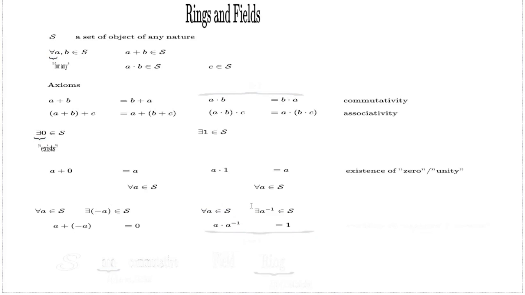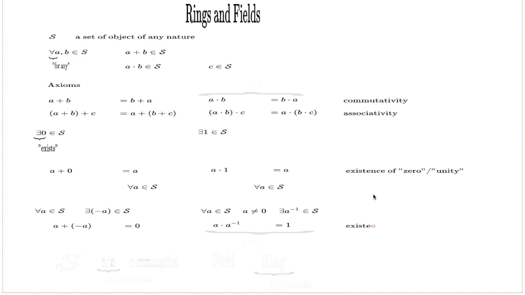The actual axiom requires that in an arbitrary field, the inverse exists for every element besides 0. So here I should add that A doesn't equal 0. Let me just move it this way a little bit, and let me put it down like here. So the true axiom of a field sounds like this: for any element of S which doesn't equal 0, there is an inverse with this property.